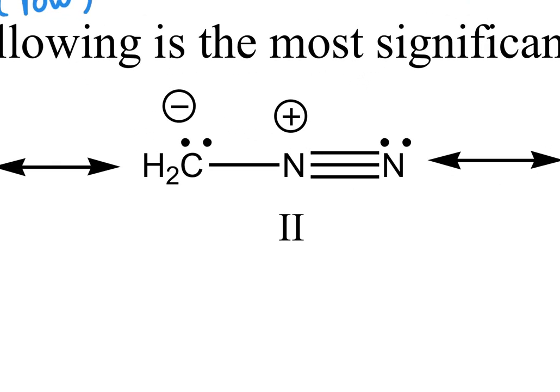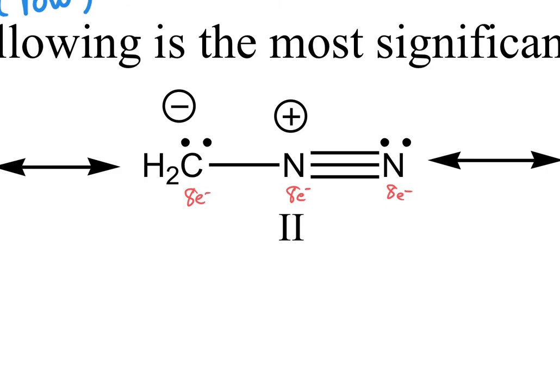We look over here, there's 1, 2, 3 bonds for 6, plus the lone pair is 8 electrons. The nitrogen in the middle has a triple bond and a single bond. That's got 8. The carbon has 2 single bonds to hydrogens, 1 to a nitrogen, and a lone pair. So it also has 8 electrons. The charges are correct.